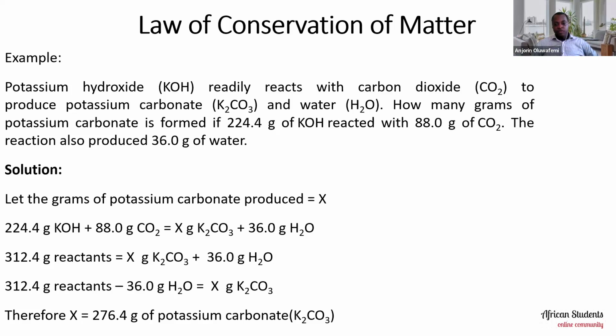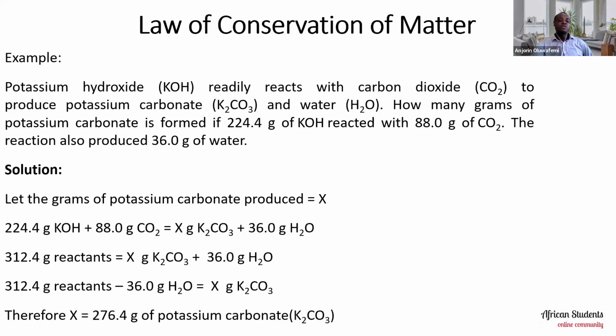That will give us the mass of the K2CO3. So therefore, the mass of K2CO3 will be 276.4 grams. When you punch your calculator and do that little subtraction, what you end up having is 276.4 grams of potassium carbonate that was formed.